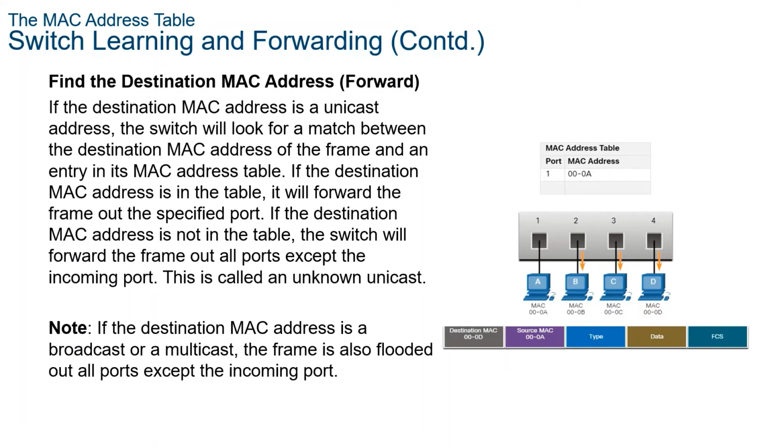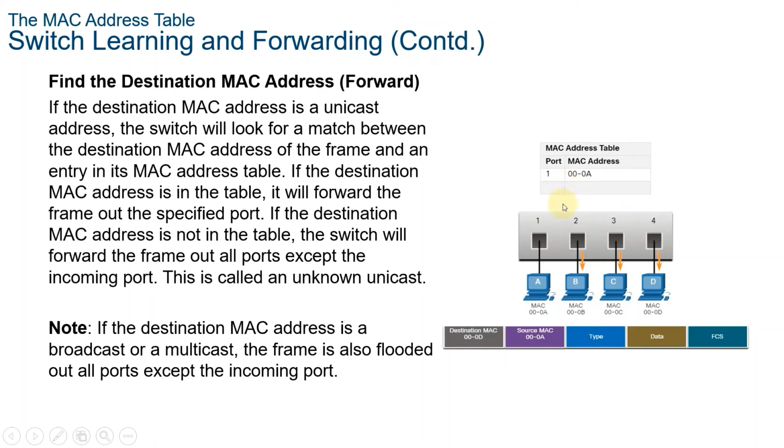As shown in the figure, the switch does not have the destination MAC address for PCD in its table. So it sends the frame out all ports except port 1. If you observe here, we only have one MAC address listed on the MAC address table, and that is for PCA. The destination MAC address is not yet listed here.